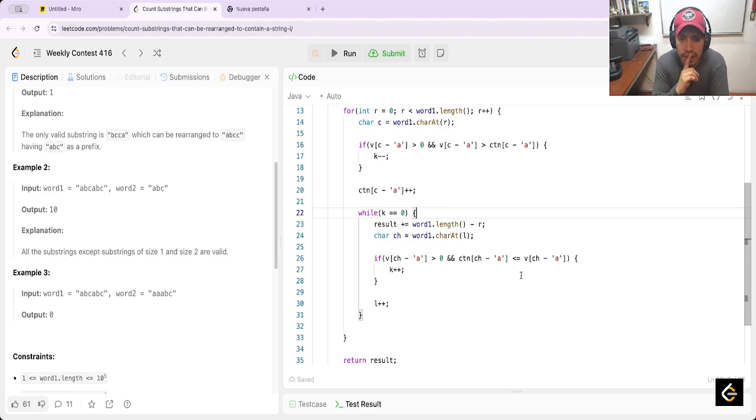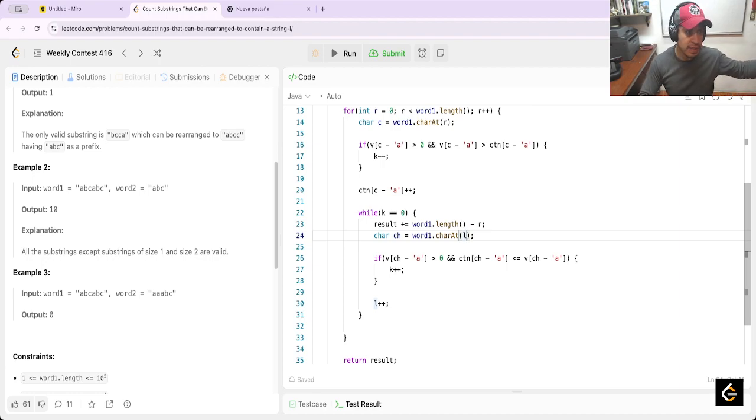Now, result plus equals. Here, this word one char at the index L means the first element in the sliding window, the first element to move the window.